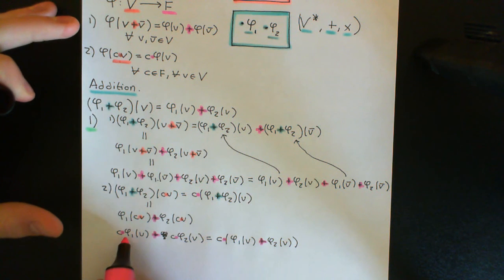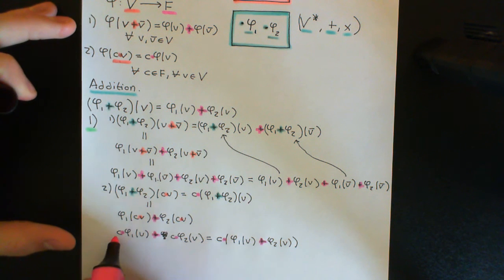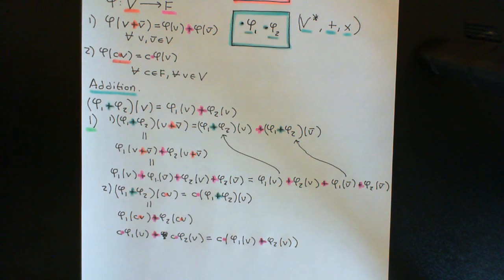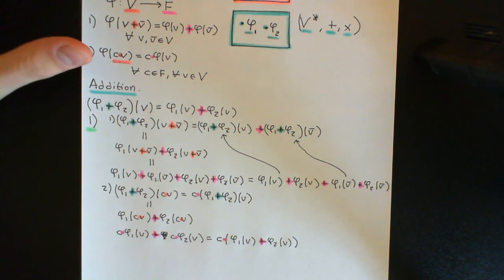So on this side we were firstly multiplying these two things by c and then adding them together. This side we're firstly adding them together and then multiplying them by c, but because distributivity holds in a field, in this case we're specifically using left distributivity, then we can factorize out the c here.